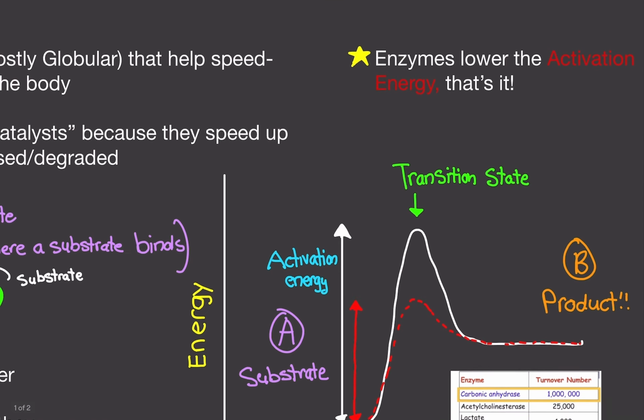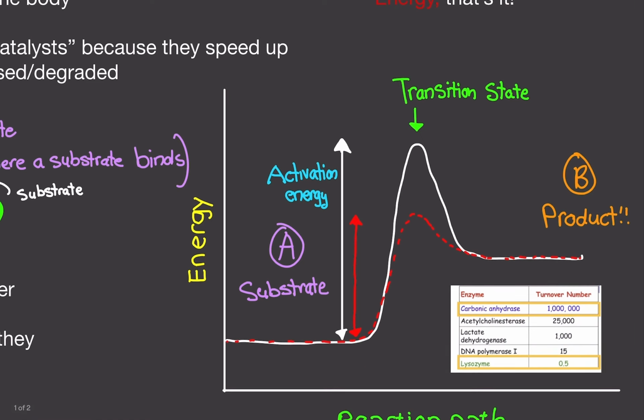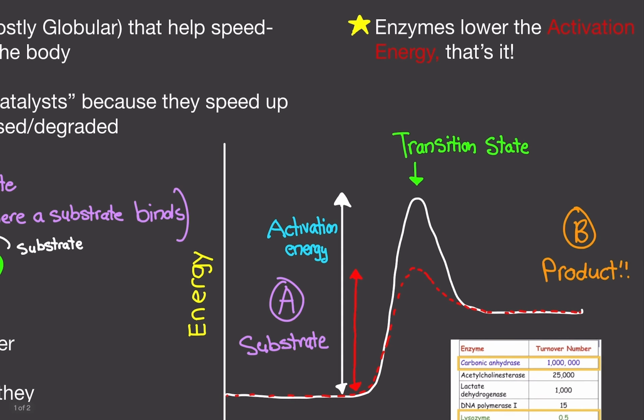What enzymes do is they lower the activation energy. This hill we described, from the baseline to the top, is called the activation energy. This is the amount of energy that's required to get to the product side. What enzymes do is they basically cut that activation energy.